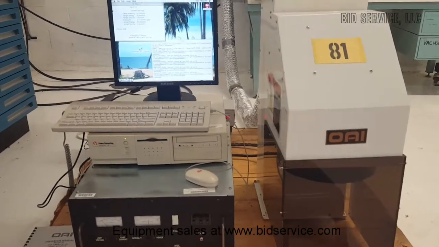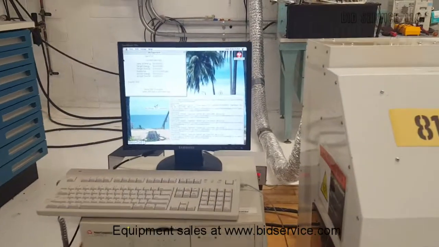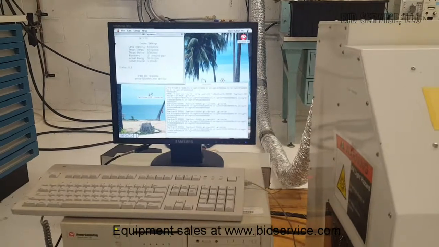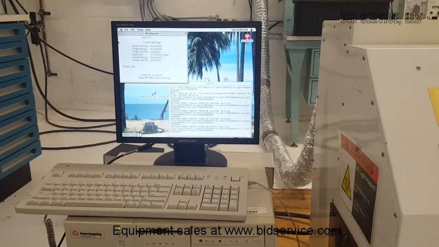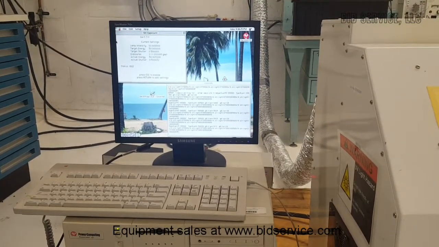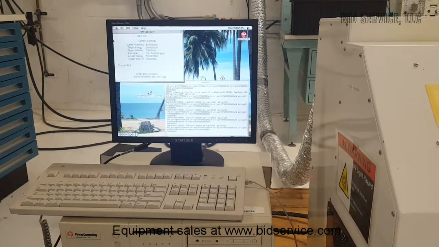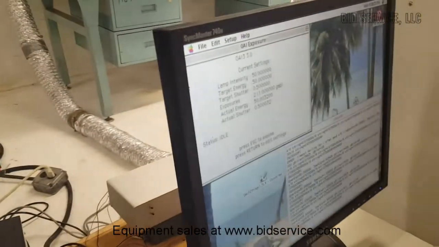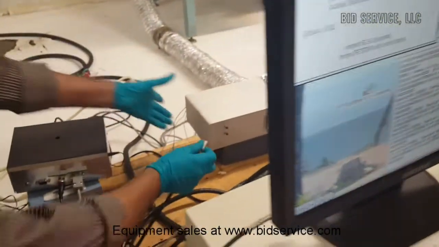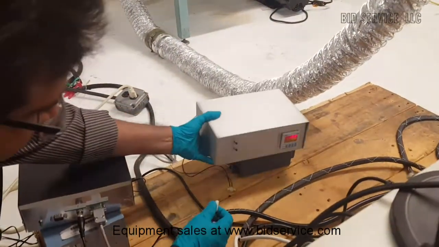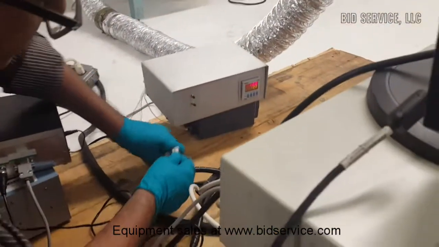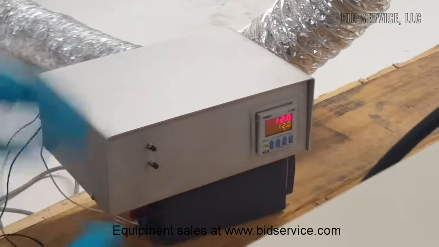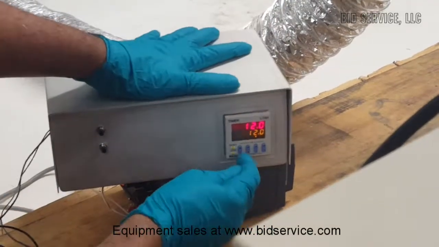In order to protect the shutter motor from being damaged by exposing a multiple number of times, a digital timer is included with the machine. The digital timer has a timer here, which is programmable.